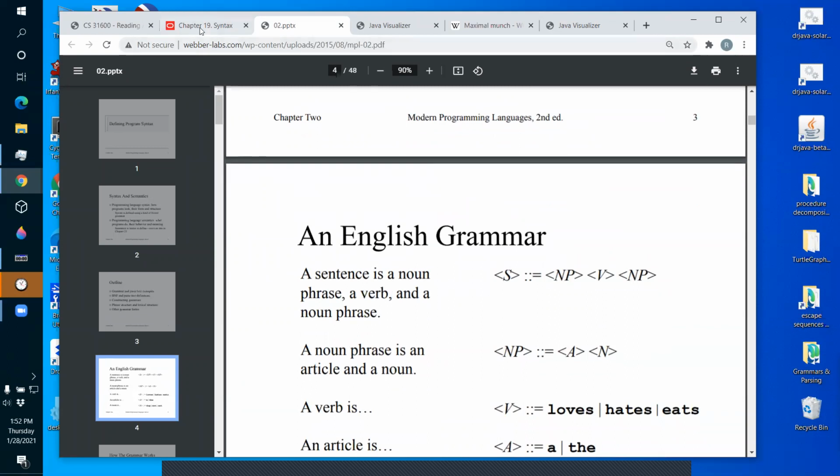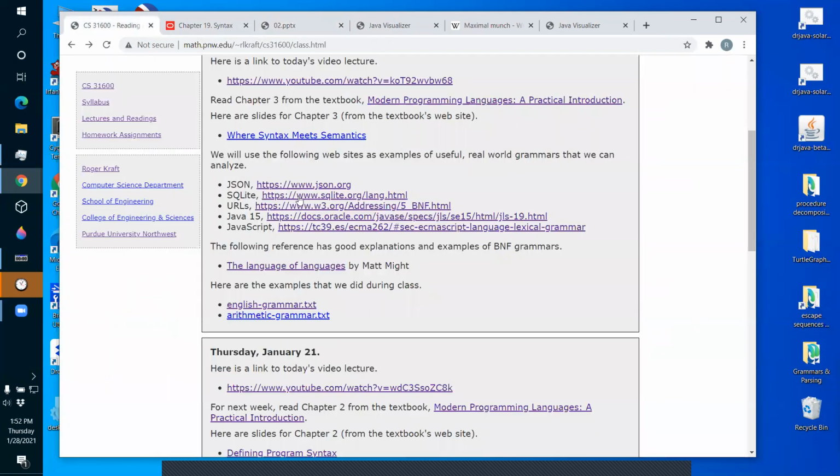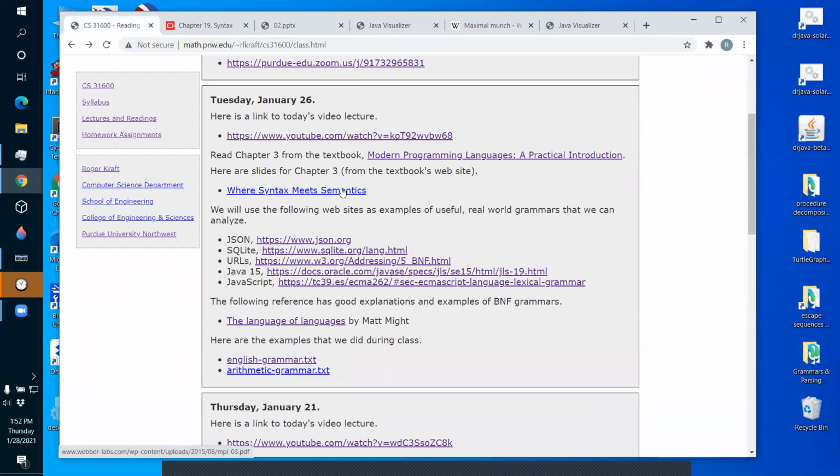And then we'll do the hard part, the next chapter, which is where syntax meets semantics in grammars. That's kind of the harder thing. So we'll finish chapter 2 by writing a couple examples of grammars, and then we'll start chapter 3. If you have questions about the homework, send me an email or come to office hours.